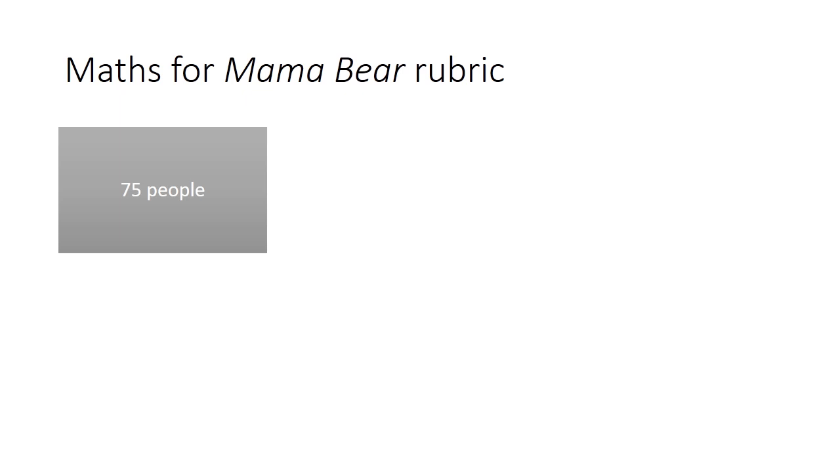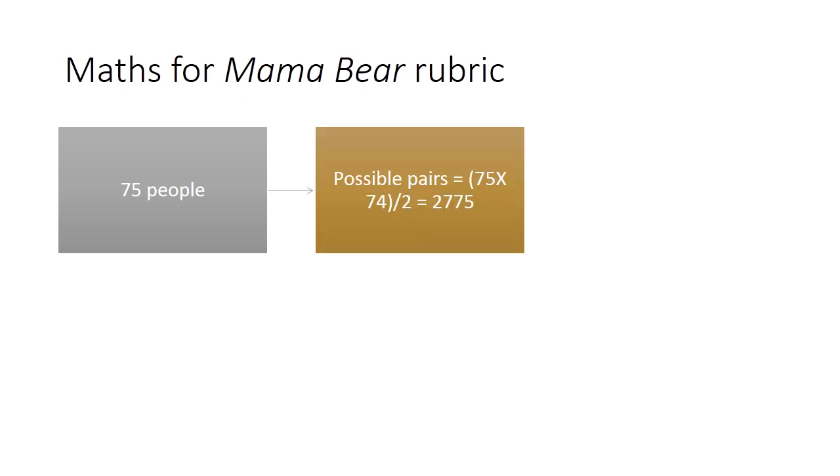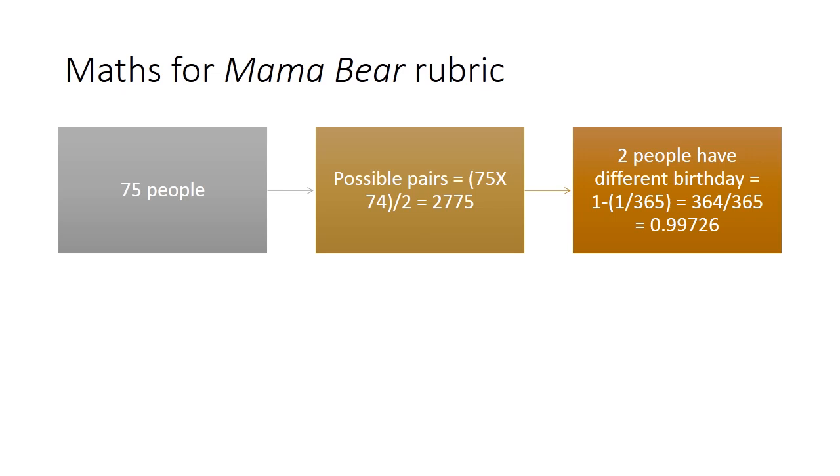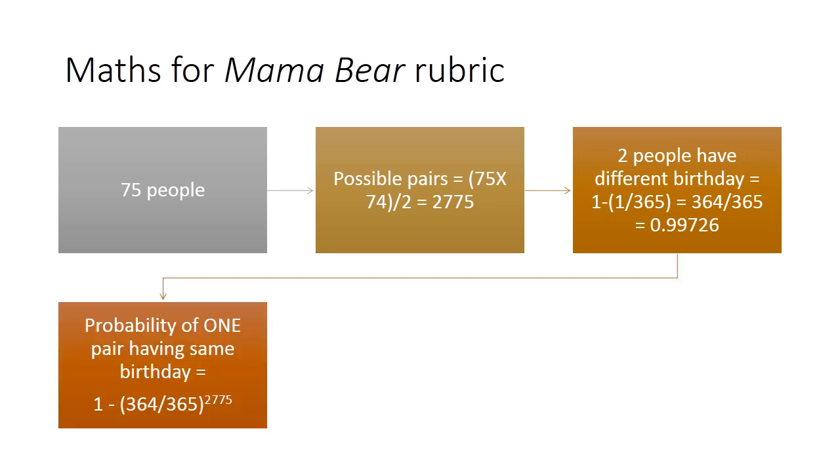Let's take 75 people in a room, which makes it possible to have 2,775 possible pairs of people. Once again, when we do the mathematics, two people having different birthdays remains the same.